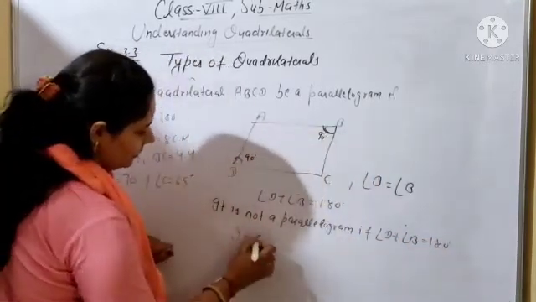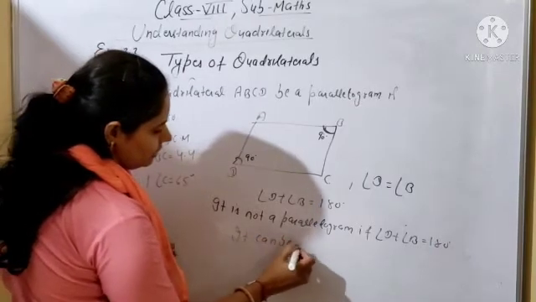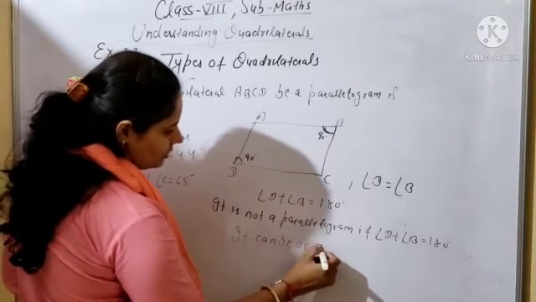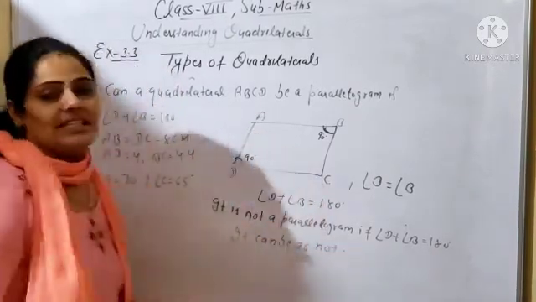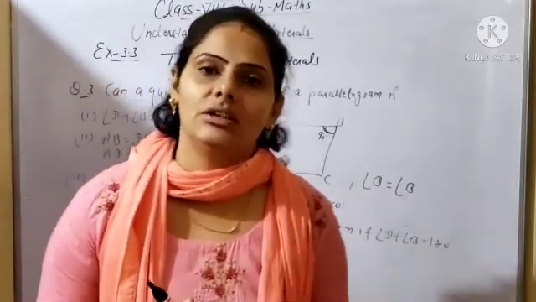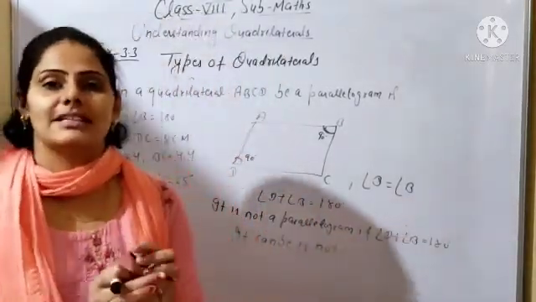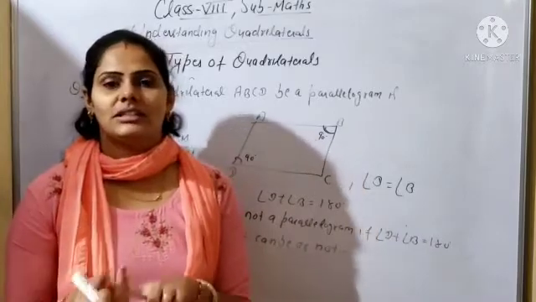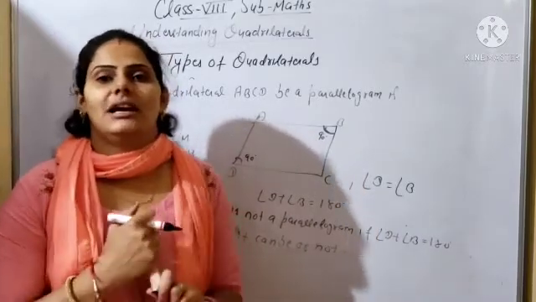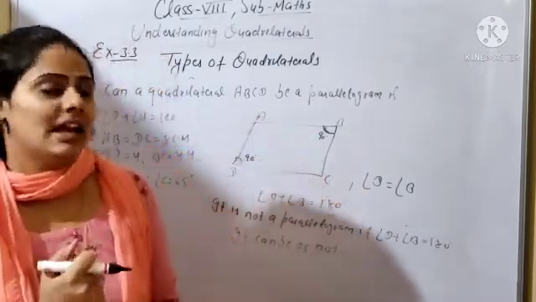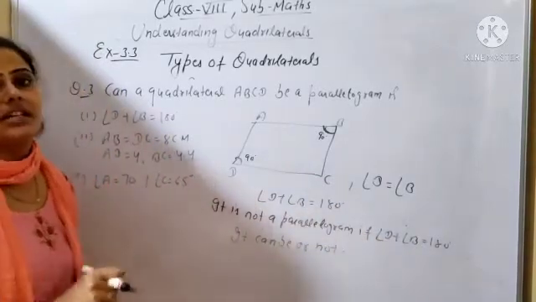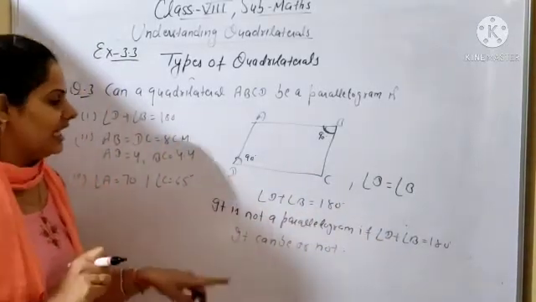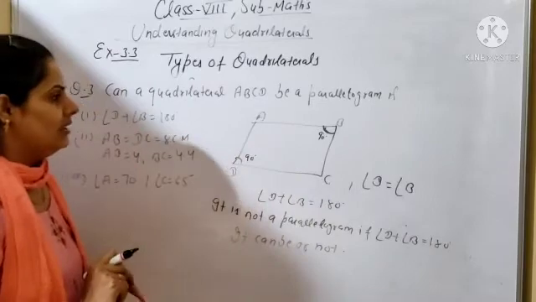It can be or not. Okay, it can be or not. In some cases it can be, but not in all cases. Beta, in which cases can it be? Only in a square and in a rectangle. Other than that, in the remaining quadrilaterals, it is not necessary that this condition is satisfied. So you can see it can be or not a parallelogram.